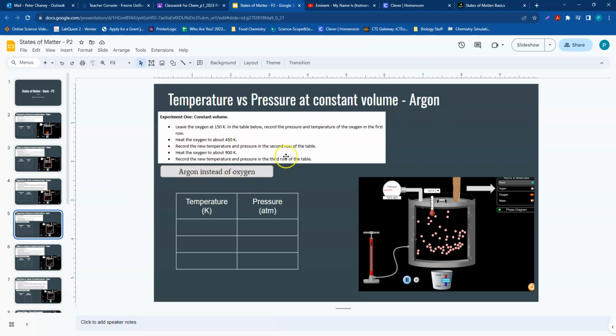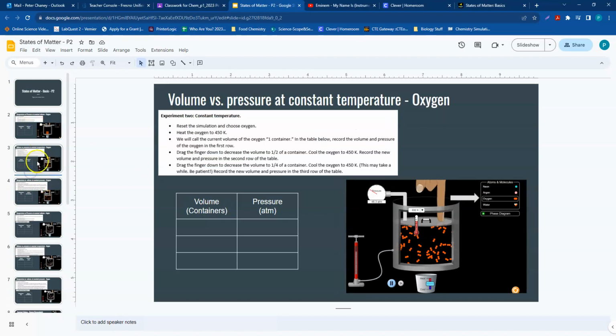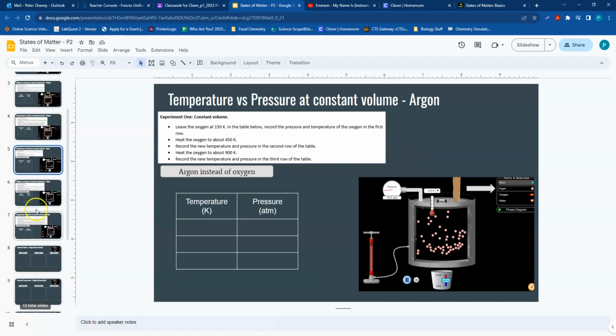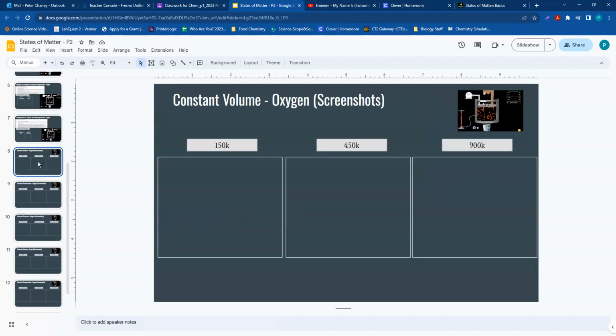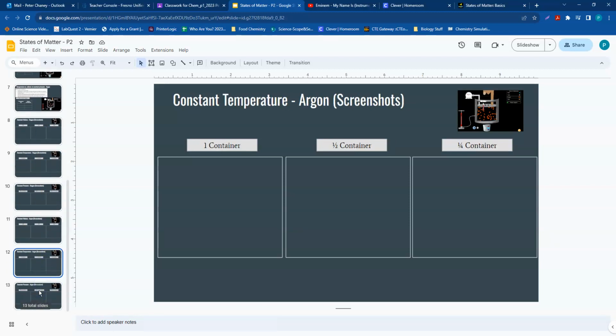So we're going to do the same directions, but just pretend this oxygen says argon. So oxygen for the first 3, argon for the second 3, and then we're doing our screenshots for constant volume. We're doing our screenshots for constant temperature. We're doing our screenshots for constant pressure. So that's for oxygen, those 3. These are for argon.